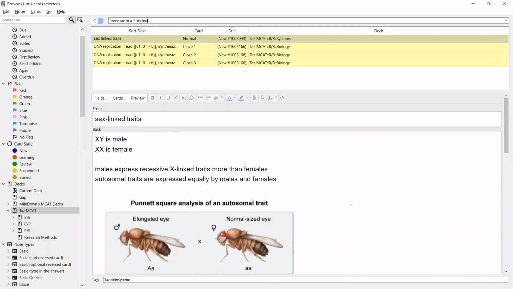So let's talk about sex link. We were talking about a parent, a mom who has an X and an X^r, X^r being the affected recessive trait. If she has a son, he can be XY or X^rY.